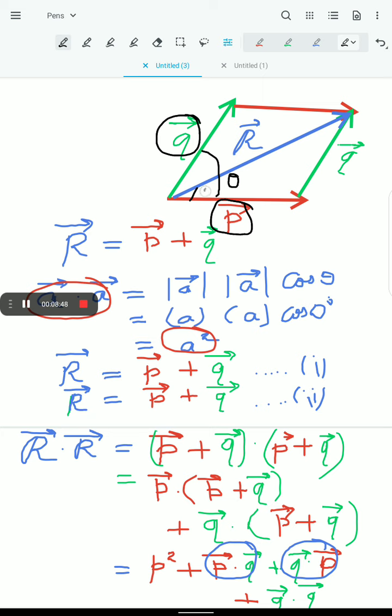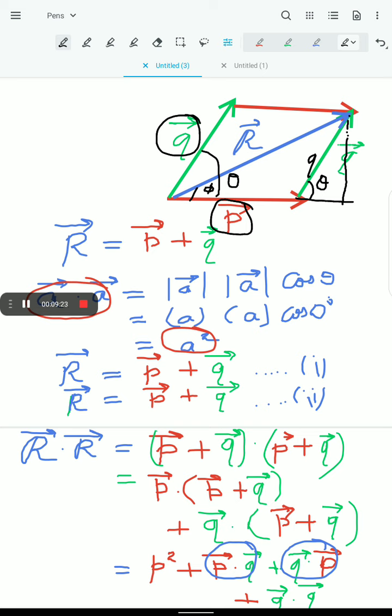Let's say that phi is the angle between the resultant and the first vector P. Let's draw a line. As we have observed, if this is Q, and if this angle is theta, it is a parallelogram, so parallel sides subtend the same angle.